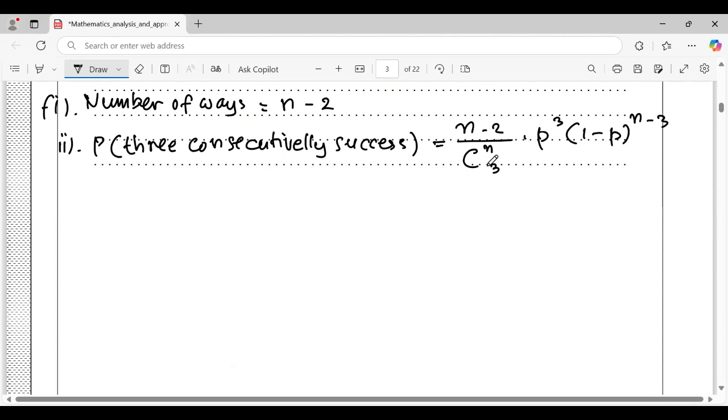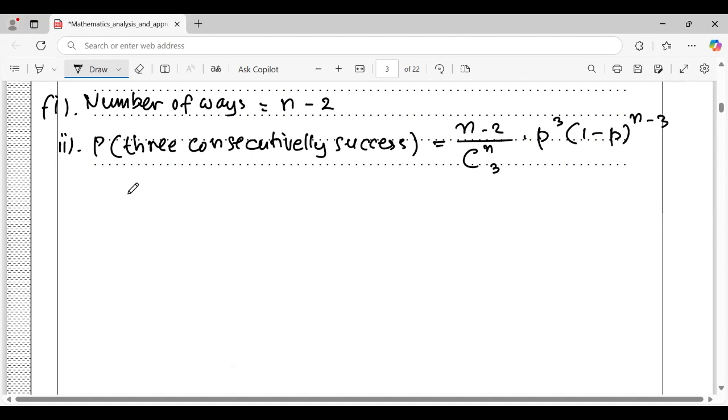This combination is the number of ways to choose 3 trials out of n trials. And then P is the probability of success of any individual trial, and 1 minus P is the probability of failure on an individual trial. So actually we can say this as Q. Okay.